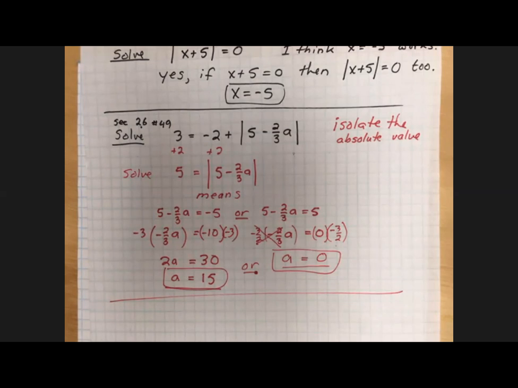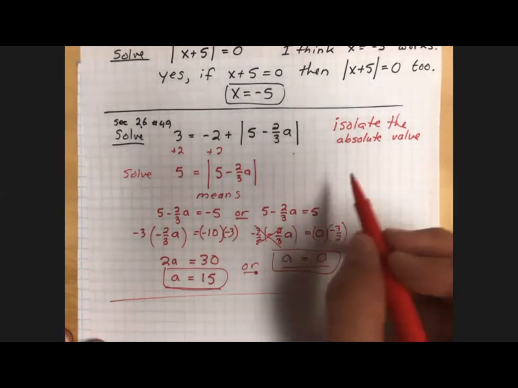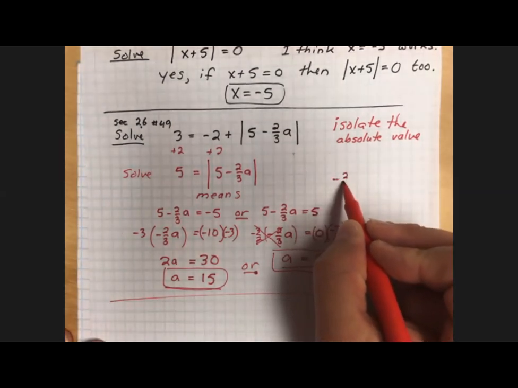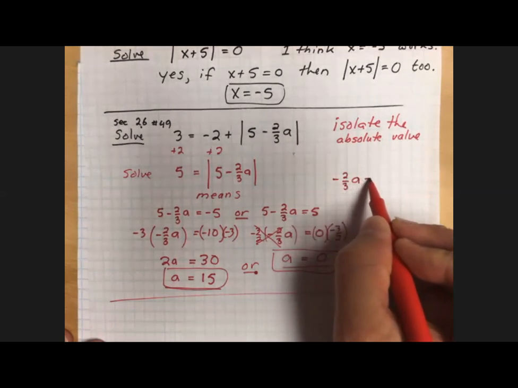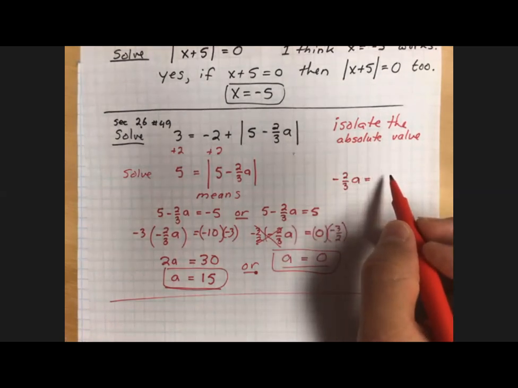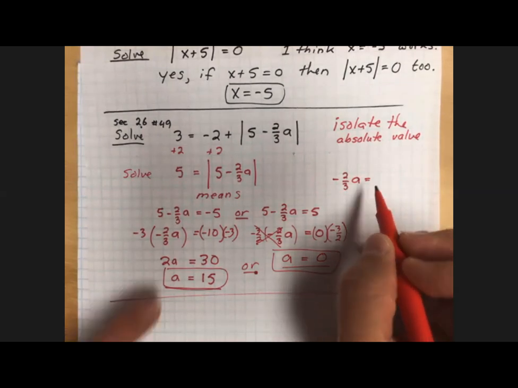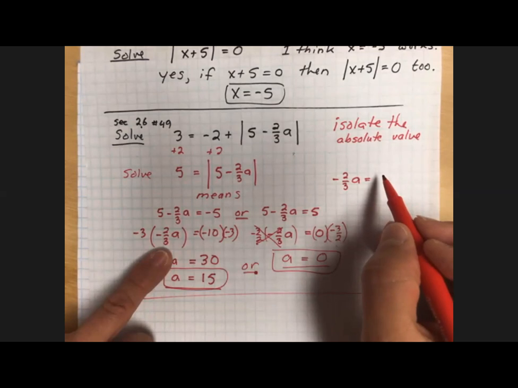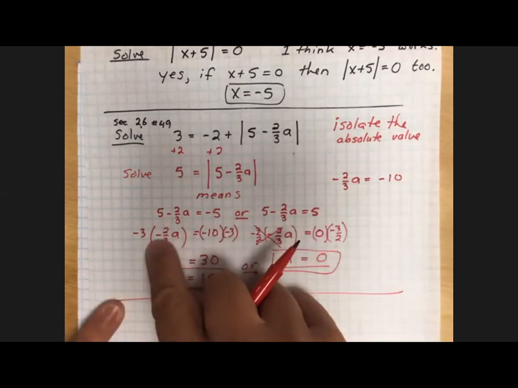Okay, good. That's a good question. I had minus 2/3 A is equal to minus 10, and that was right here.